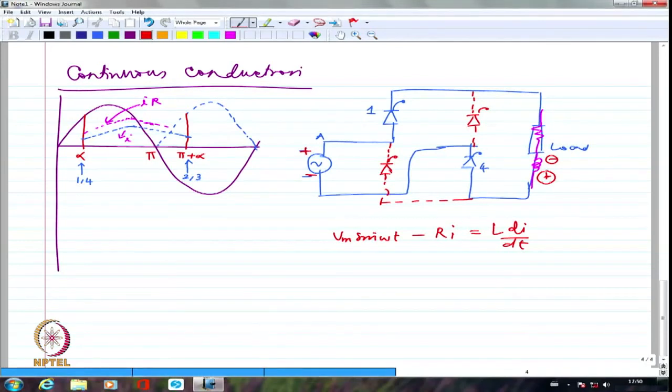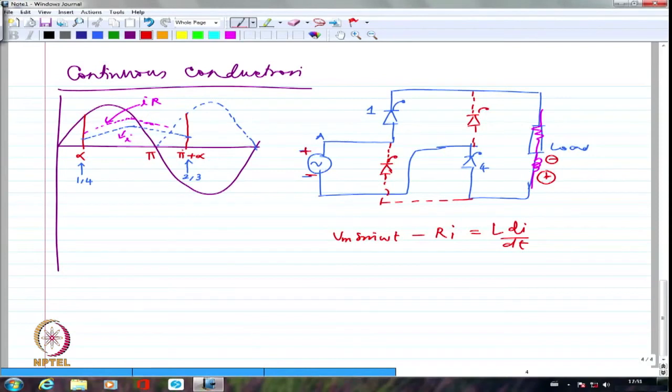The inductance stored energy still is going to dominate over the IR drop and this supply voltage, both of them, to sustain the conduction despite the negative half cycle being there. So I will have the current continuing, but it is still declining. The inductance is still having some amount of stored energy, definitely.